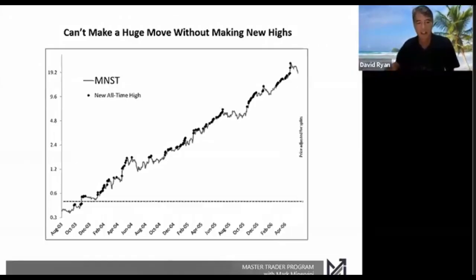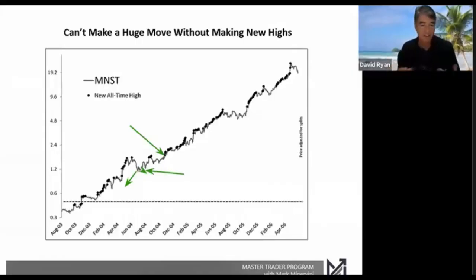But if you're buying, let's say we're looking at Monster, if you're buying right in this area down here, well, you've got this overhead supply, of which there might be people who bought here who are underwater, who, as it gets back there, might sell, and so it might hold the stock down. But if you're buying when the stock is hitting new high ground, well, right here, there's no one above you. And so that's one main reason.